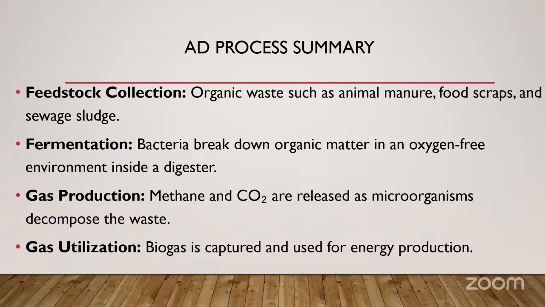Secondly, after collecting feedstock, the second step is to proceed to fermentation. We ferment the material using bacteria, which break down organic matter in an oxygen-free environment. This is done inside the digester.